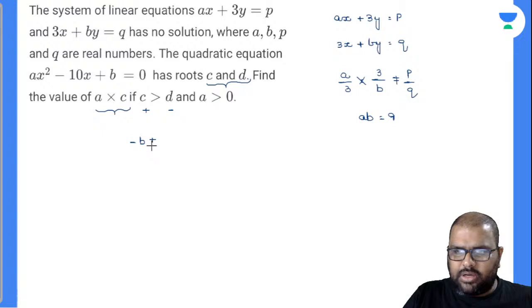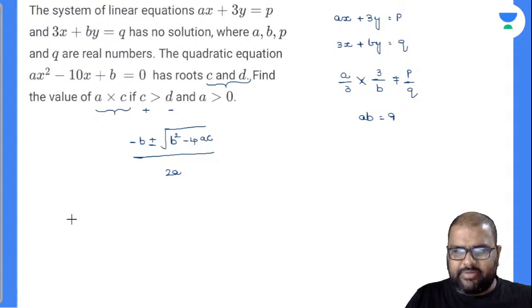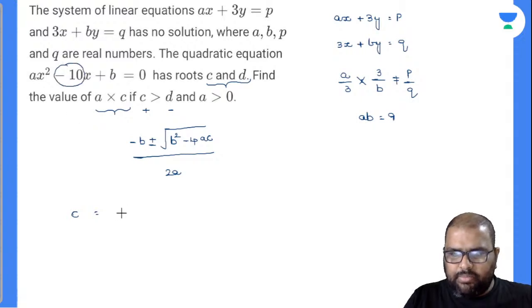Minus b plus or minus root of b square minus 4ac divided by 2a. Now I will find the positive value, because that is very easy. The positive value is equal to c. C is equal to, what is your b value? B value is minus 10. So minus into minus 10.